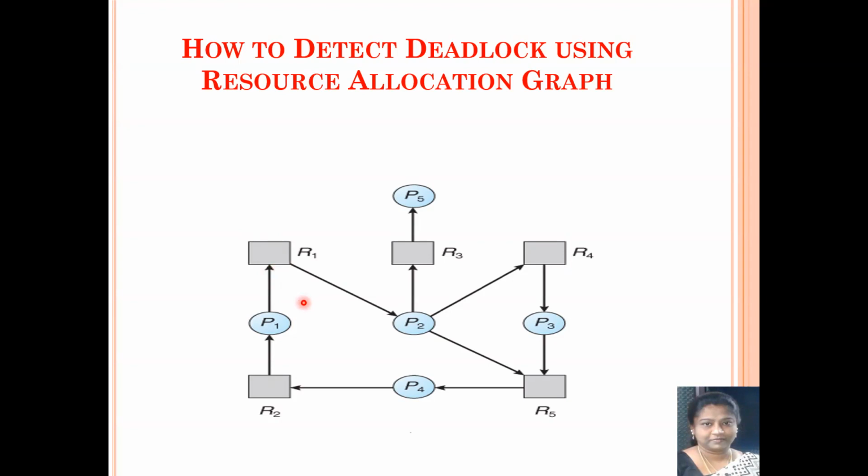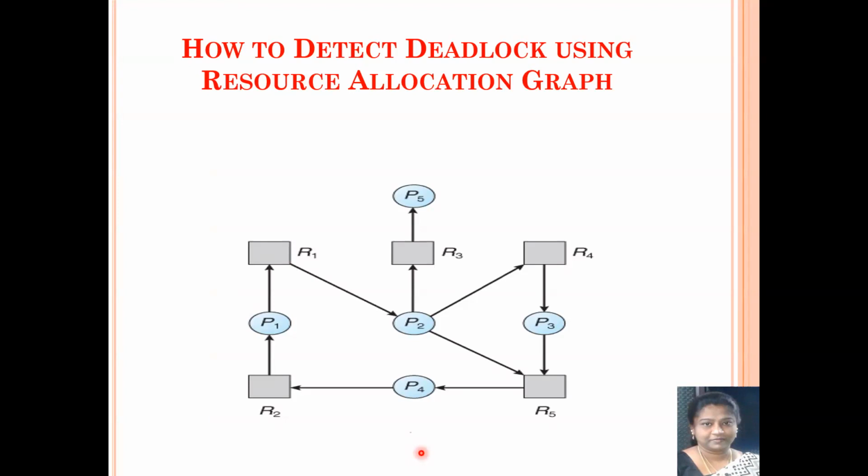Suppose I want to represent a resource type with multiple instances, then I will put that number of instances as dotted circles within the square. But in this video, we are only going to concentrate on a single instance of a resource type. So I hope you're able to read this particular resource graph.